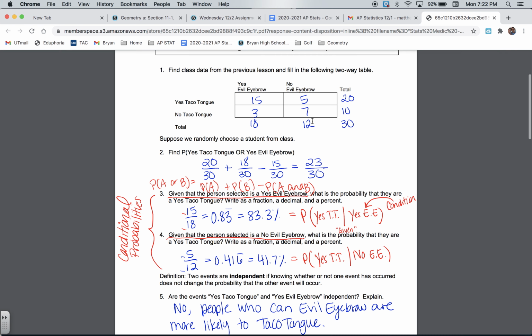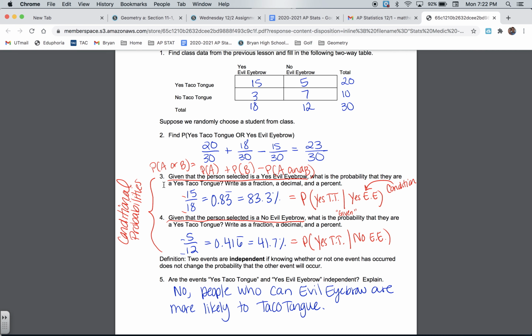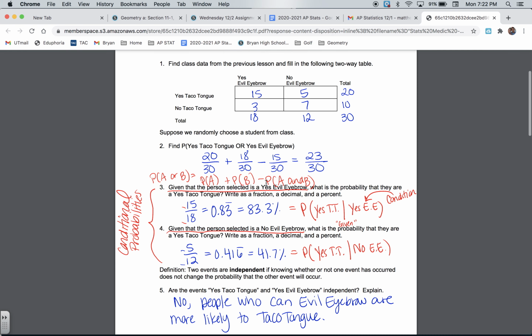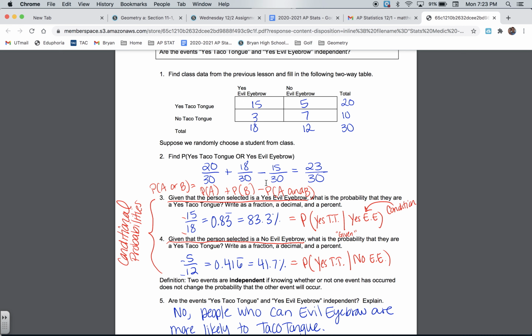All right. Number 3, so we're going to talk about conditional. Given that the person selected is a yes evil eyebrow, what is the probability that they are a yes taco tongue? Write it as a fraction, a decimal, and a percent. Typically on these, they tell you if this person is evil eyebrow, then what's the probability of this given this scenario?